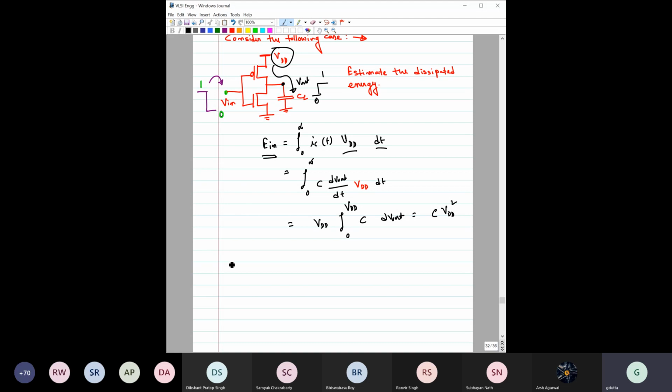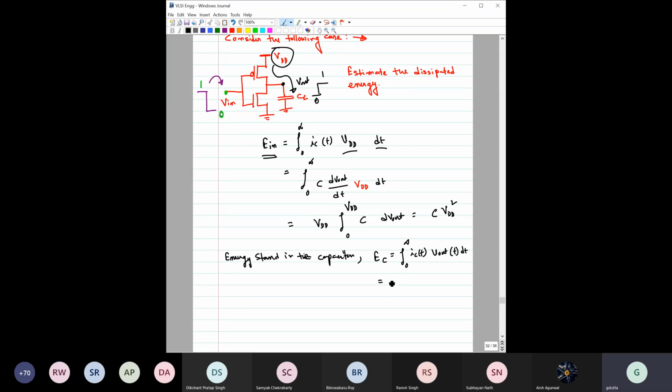Now we will find what is the energy stored in the capacitor during this process. That is, say, EC we will write. Again, we can do integration from 0 to infinity of IC of t times V out of t dt.